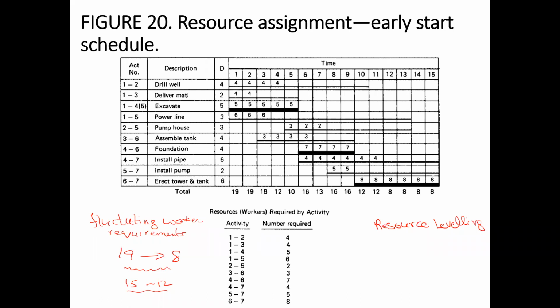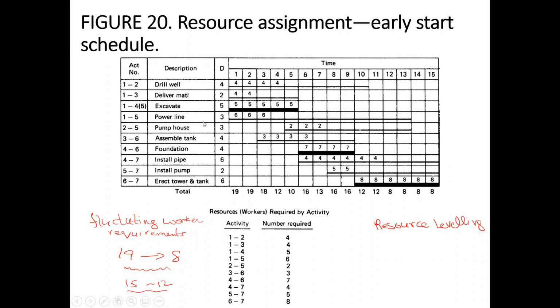So for this purpose, in this case, for this 19 and 18, we may need to reduce it. Okay, so how can we reduce this 19 to some other value?